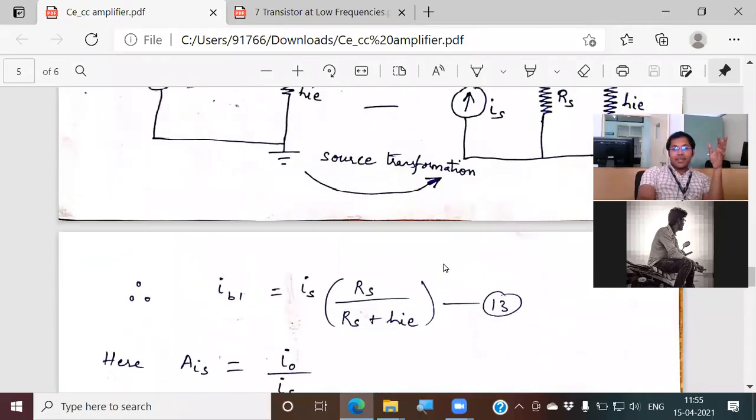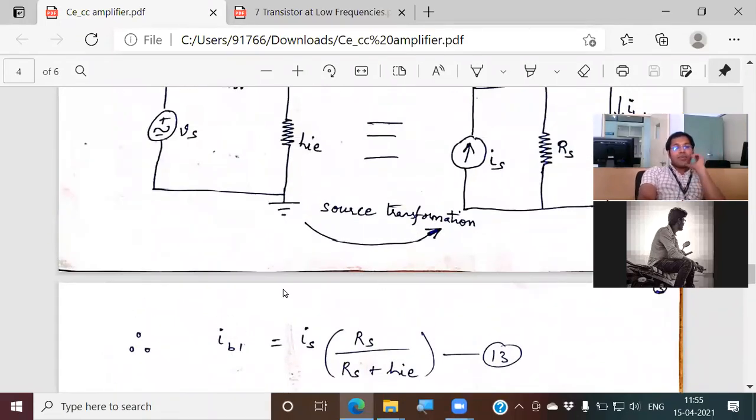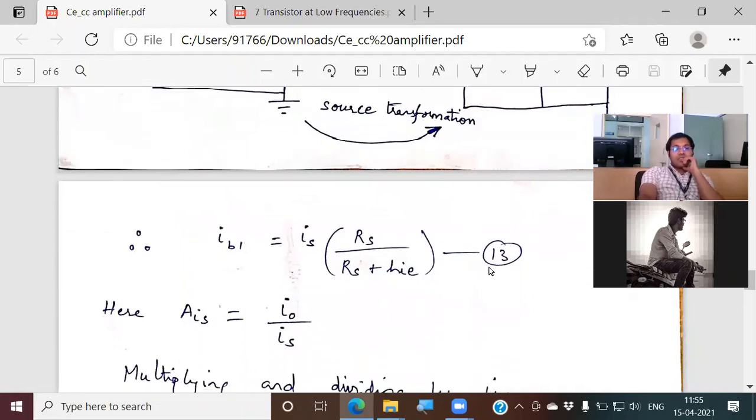So IB1 is IS into RS divided by RS plus HI. That I am writing here. We are giving some equation number here.